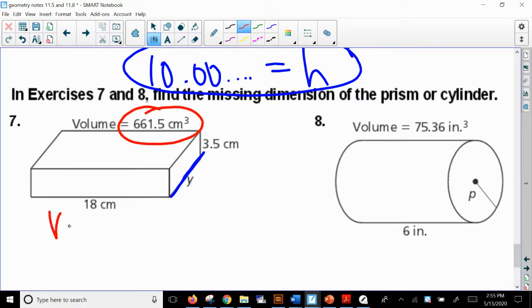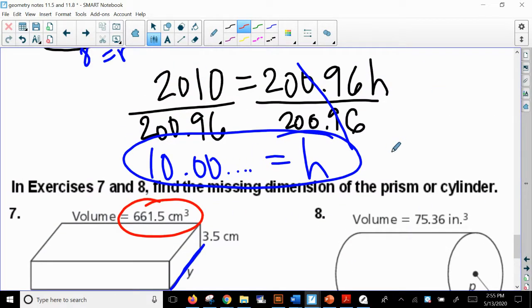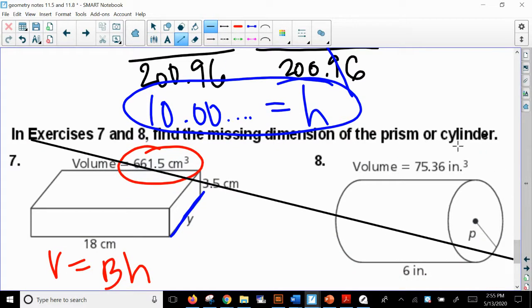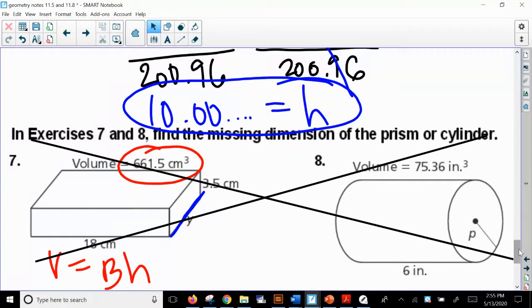Remember the formula, volume equals BH. You know what? I'm going to scratch that. I'm going to delete these two. I don't want to do it. I don't feel like it. If you could do that one, that's cool. Okay, so let's scratch that. And plus, I don't want this video to be too long. Let's move on.